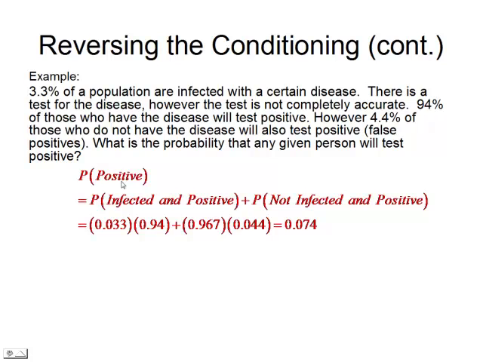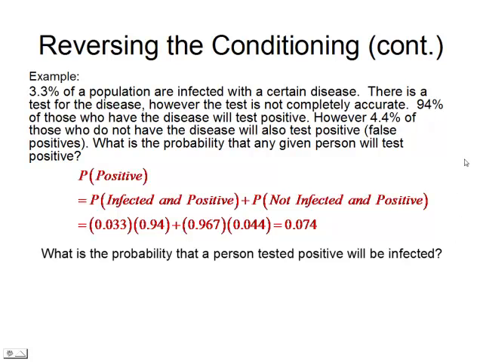The probability that you test positive is equal to the probability that you're infected and positive plus the probability that you're not infected and positive. The probability that you're infected and positive is 0.033 times 0.94. The probability that you're not infected and positive is 0.967 times 0.044. So multiplying and adding, we get 0.074.